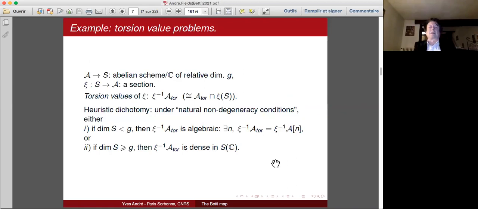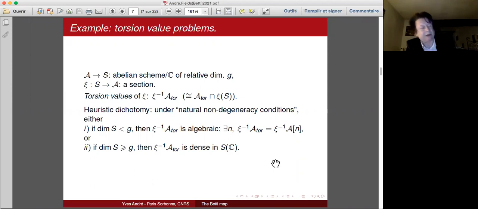So let me give some general example of an unlikely intersection problem. Let us start with an abelian scheme A to S, defined over the complex numbers, and of relative dimension g.